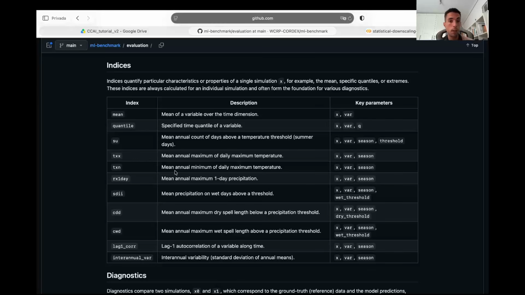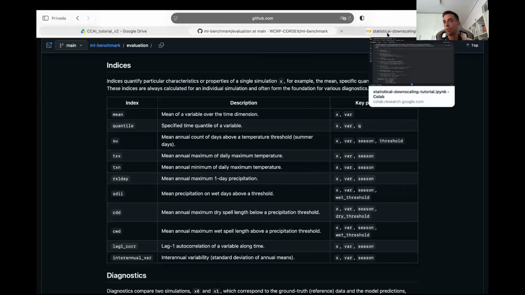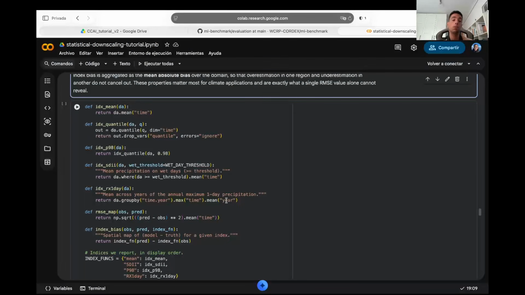Because if you plan to work in statistical downscaling, evaluation is quite important. And the evaluation may also change regarding the variable. We may not want to look at the same properties if we are downscaling precipitation versus temperature, for instance. So this is something that we have to take into account.